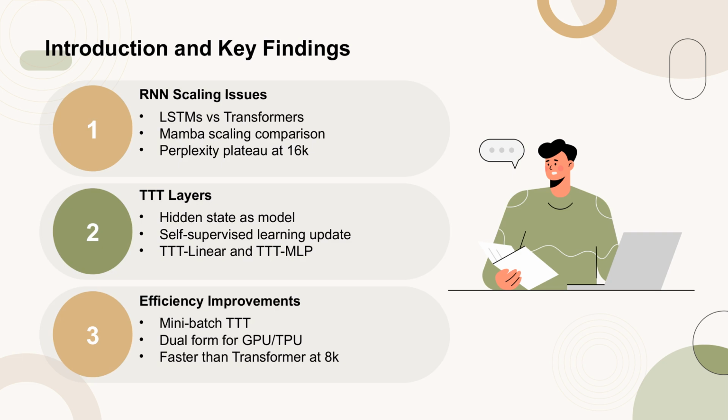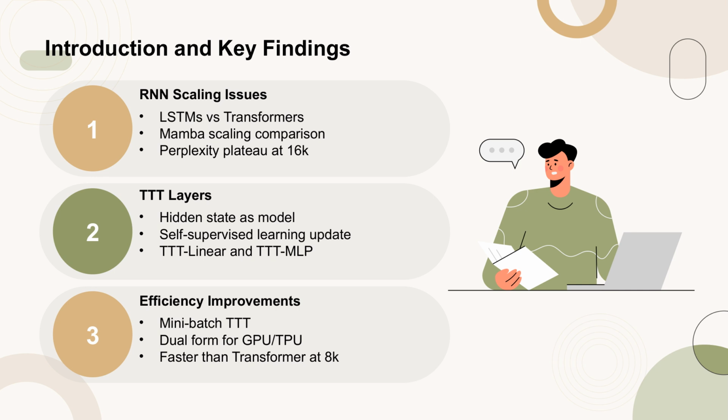The introduction of this paper revisits the scaling capabilities of RNNs, particularly LSTMs, in comparison to transformers. It highlights that while Mamba, a modern RNN, shows scaling similar to a strong transformer, it still faces issues with long context sequences, as evidenced by a perplexity plateau at 16K tokens. This paper introduces test time training, TTT, layers, a novel approach where the hidden state of the model is updated through self-supervised learning.